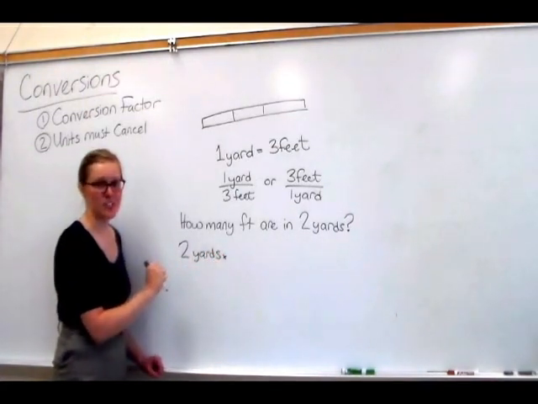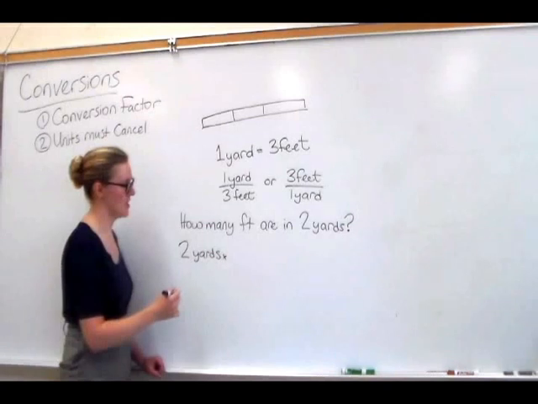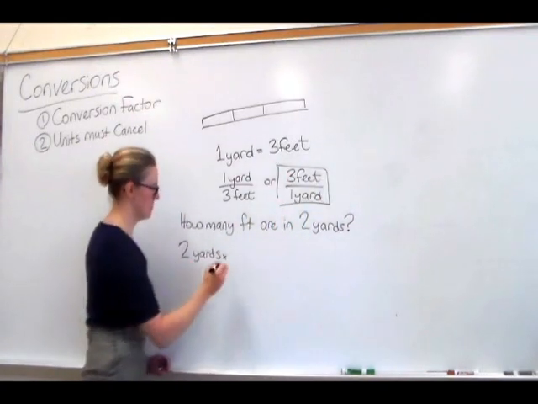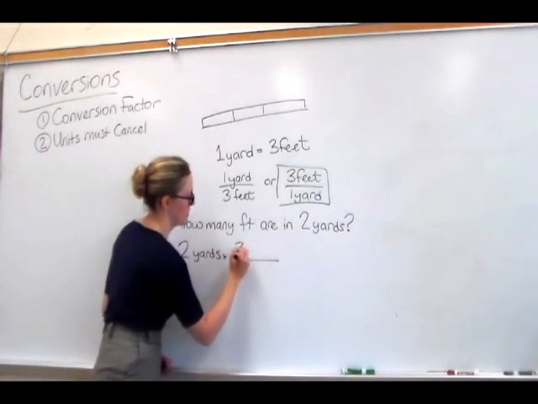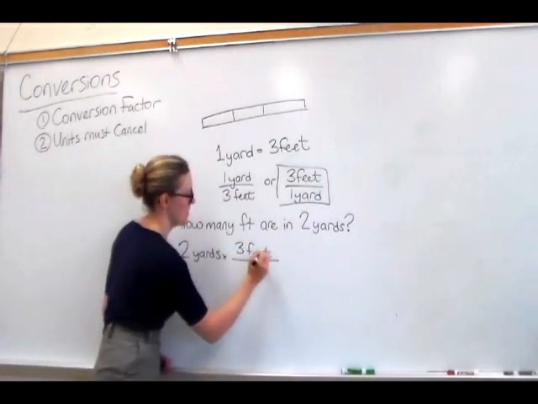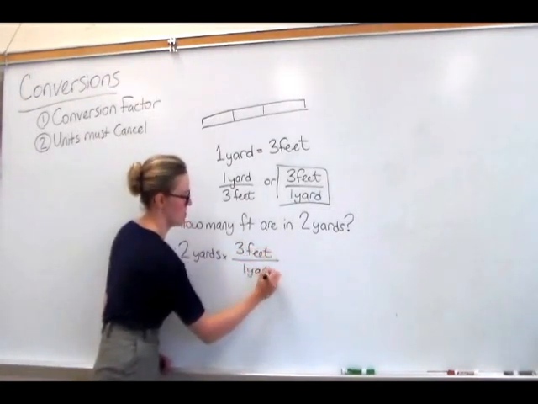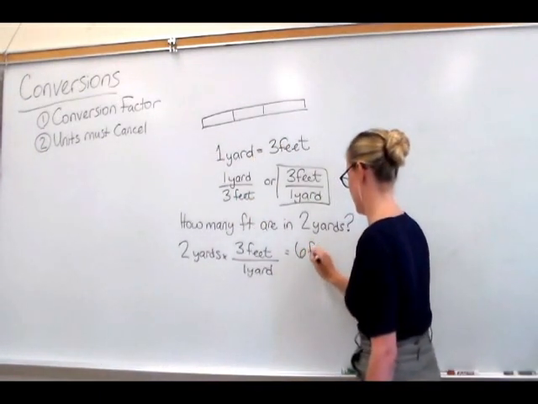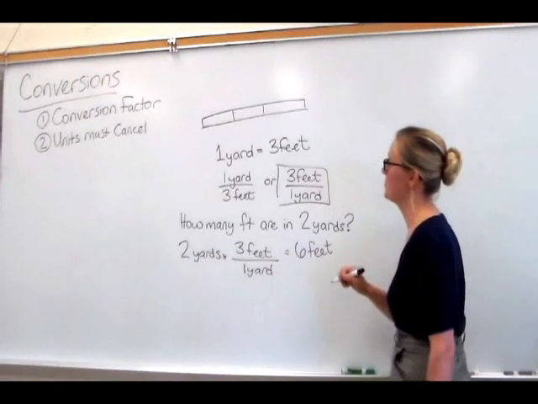We would choose the conversion factor that would cancel out yards. We would choose this one, and we would write, there are 3 feet in 1 yard. And so that would be equal to 6 feet.